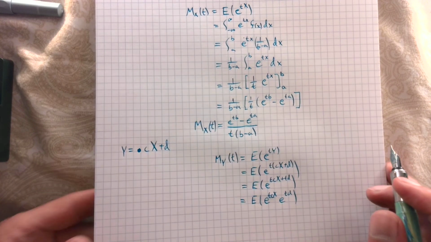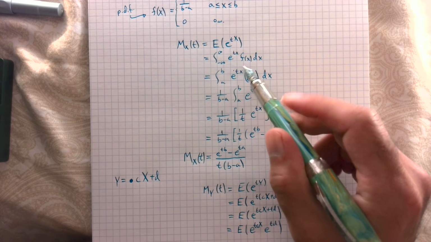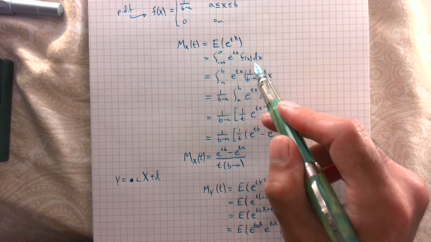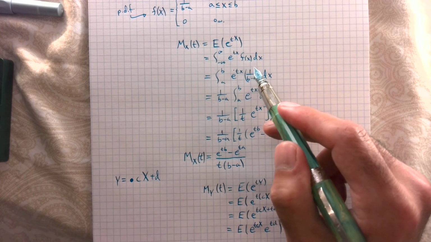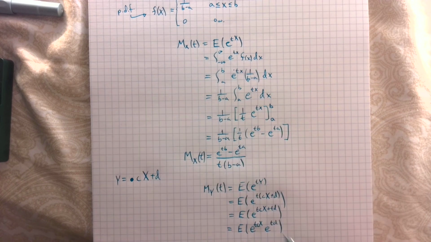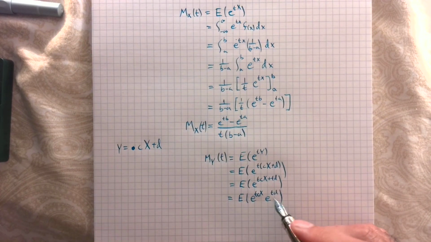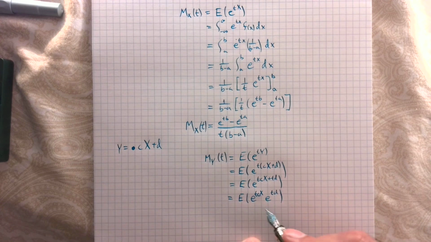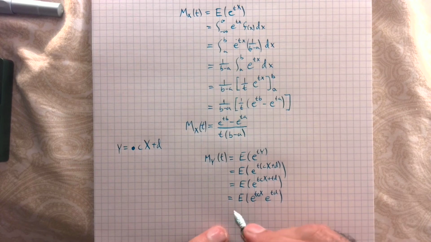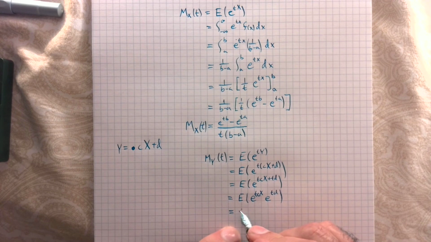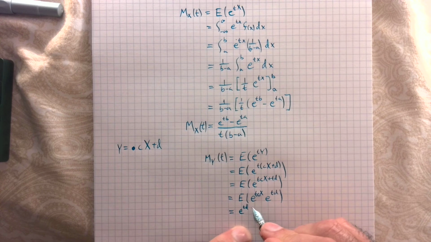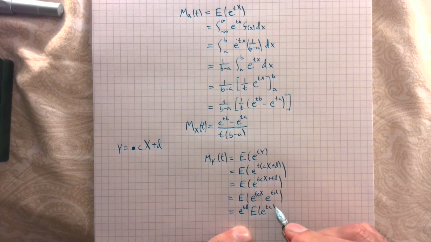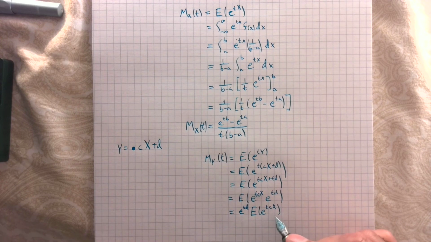And like we did up here, when we took the expected value, this becomes an integral in terms of x. So I can pull anything that doesn't have x's in it outside of that. So this doesn't have any x's in it. It can come outside of the integral. And then I have the expected value of what's left. So this is going to be equal to e to the td times the expected value of e to the tcx. And in general, if I have any constant inside of an expected value, I can always pull that out.